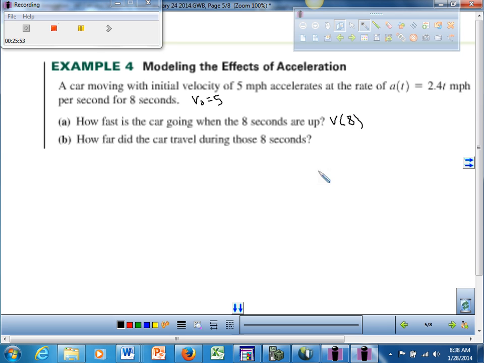So here is our initial position and final position type of problem. If I want v of 8, then I want to take my v of 0 plus the net change, which would be the integral from 0 to 8 of what? The change in velocity, the integral of the acceleration.